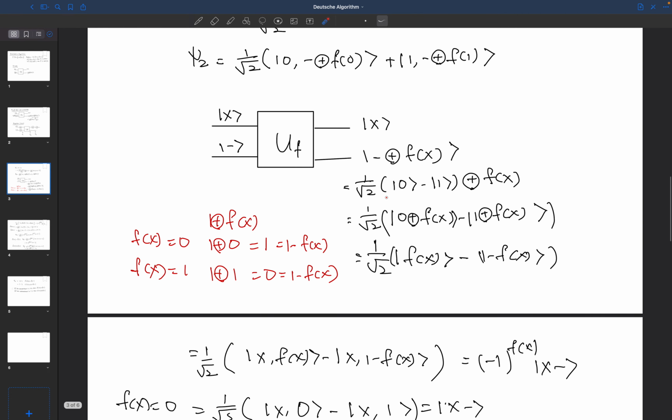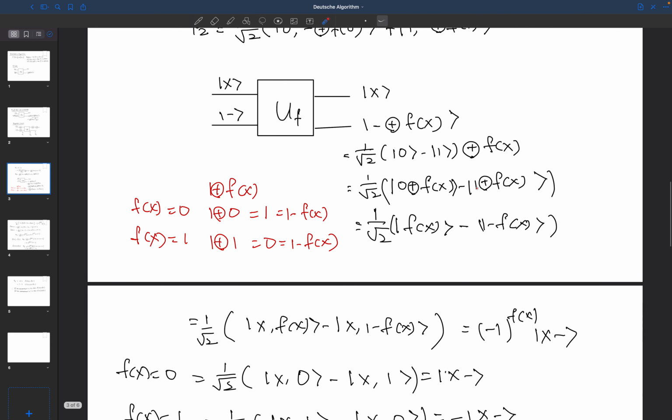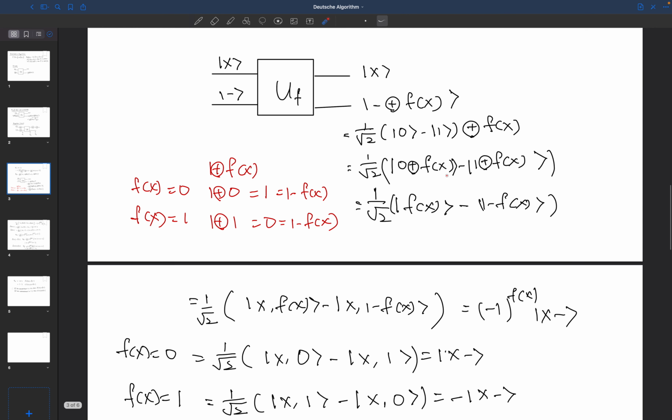And this minus we can expand into 0 minus 1, and due to the association property, we can write 0 plus f and 1 plus f, and 0 plus f is just none other than f, and 1 plus f we can write as 1 minus f. The reason can be seen over here. So when f(x) is 0, we get 1 plus 0 is equal to 1, which is equal to 1 minus 0. If f(x) is 1, we get 1 plus 1, which will give us 0, which is 1 minus 1.